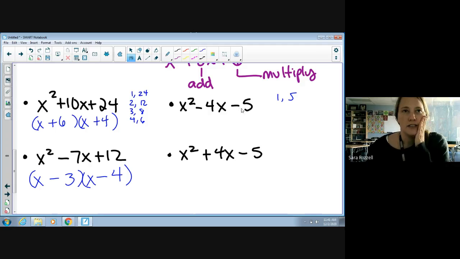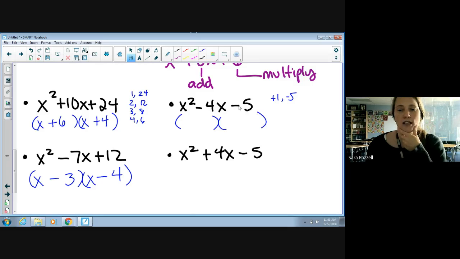But because there was a negative at the end, one of these numbers needs to be negative. So it's actually going to do some subtracting. So let's think. If I want -4, I should probably have a +1 and a -5. Does that make -4 when you add them together? Yeah, if I had switched the signs, it would have made a +4, and I didn't want that.